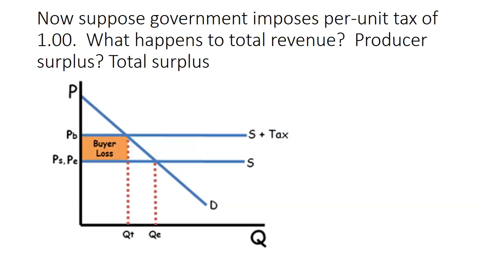So now suppose the government imposes a $1 unit tax. So from S, it's S plus tax of $1. What happens to total revenue? Okay, total revenue decreases. And the reason why is that extra dollar they're charging the customer, the producer doesn't get.